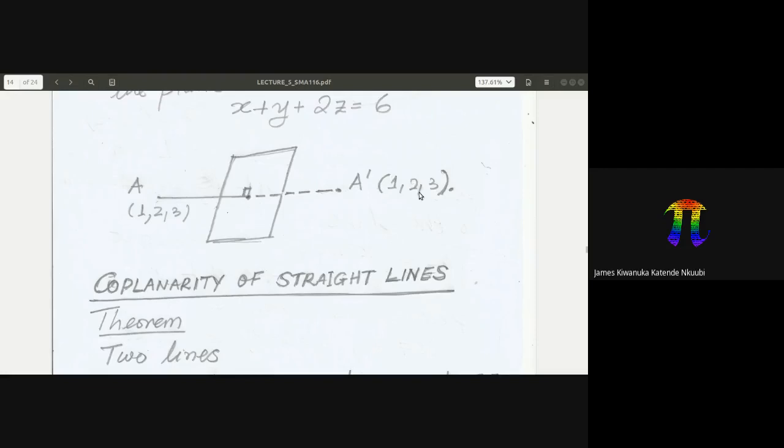So this point is not really 1, 2, 3. It's the image of A under this reflection. So this is a point you're supposed to find. You work it out and let me know.